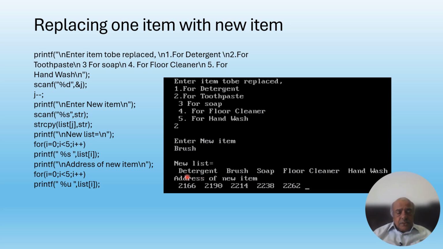Then I again found out, by the printf statement, a display of the new, modified list. So brush appears in place of toothpaste in our list. However, all the memory locations which were available for our 5 items remain the same.